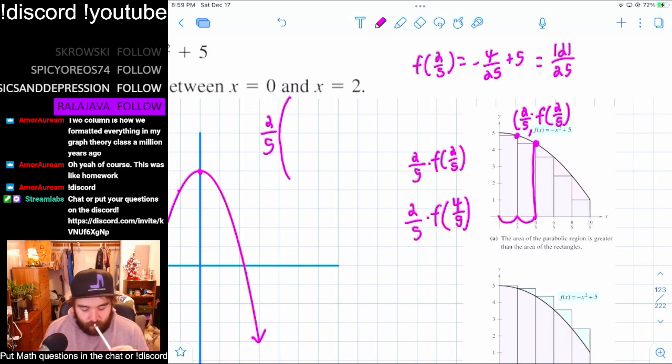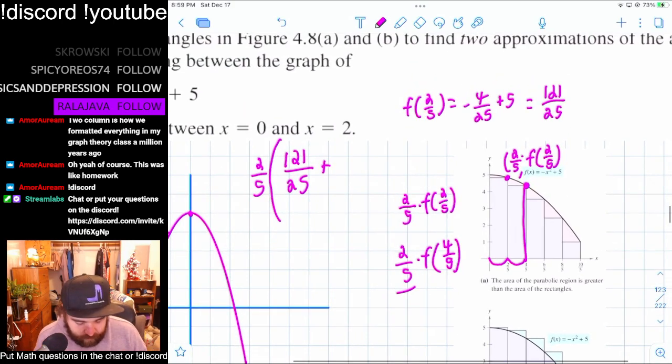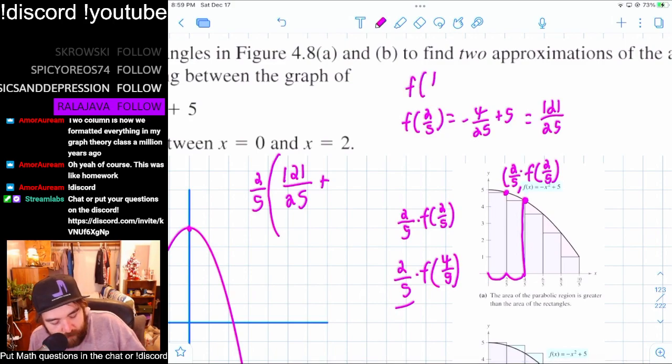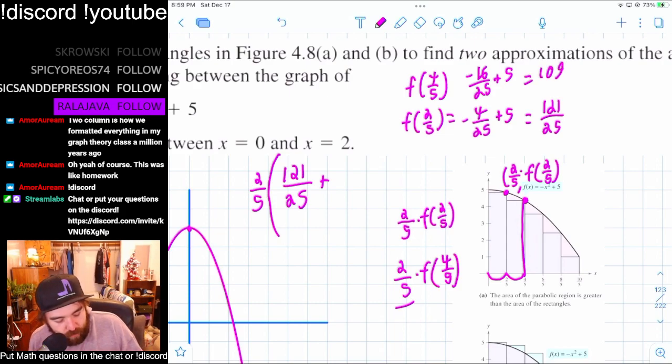So this is going to be 2/5 times the height of the first rectangle, plus the height of the second rectangle, which is f of 4/5, which is negative 16 over 25 plus 5. So what's 125 minus 16? It's 109, so plus 109 out of 25.